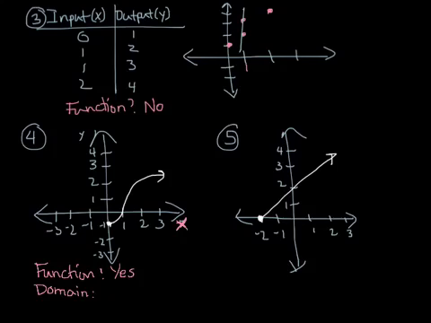So if you notice, it starts right over here at x equals 0. And it keeps on going. We have an arrow that shows that it will go on forever and ever. So it would end at infinity. So the way that we write our domain is that x can be any value greater than or equal to 0. So you're going to write it as x is greater than or equal to 0.